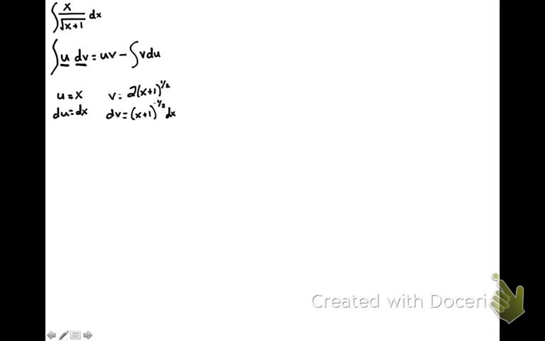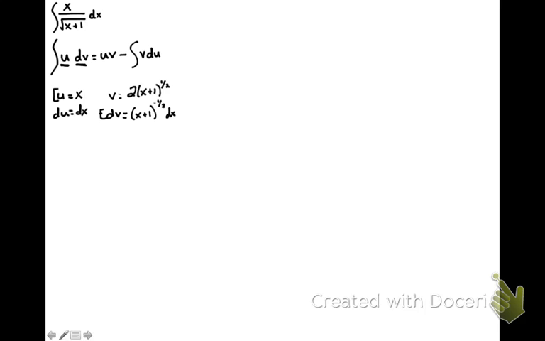So again, notice we started with defining dv and u, and then found the derivative of u and integrated to get v. This gives us all of our parts in the integration by parts process.